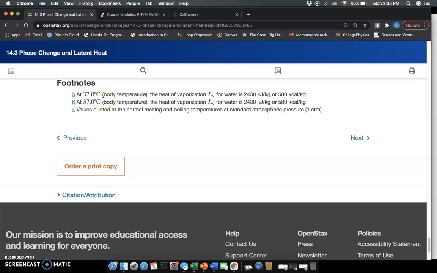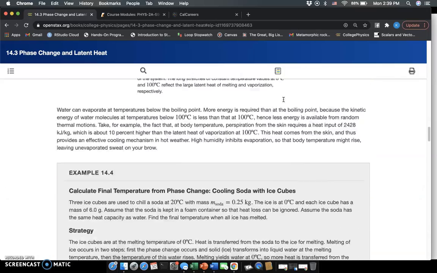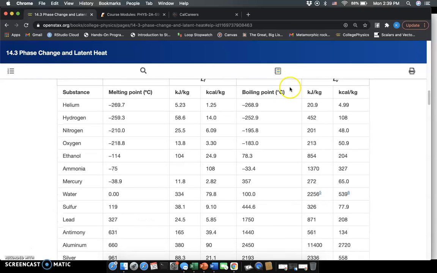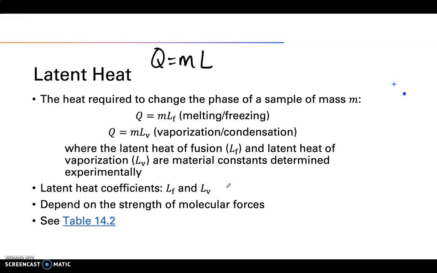So just note that when you're going through these. It has two notes for some reason. But it is a little bit different. It's going to be 2,430 kilojoules per kilogram instead of 2,256. So it's a bit of a difference. So just watch out for that. All right. So that's about latent heat.